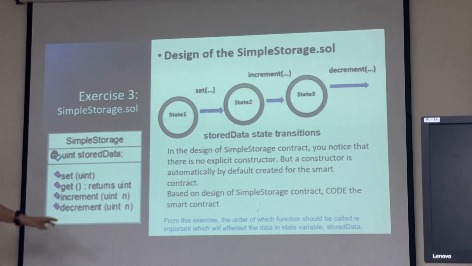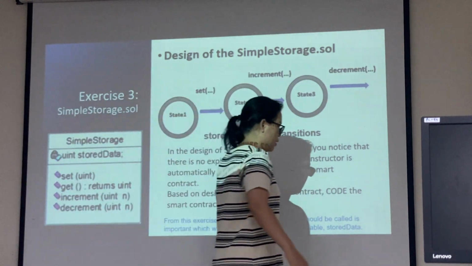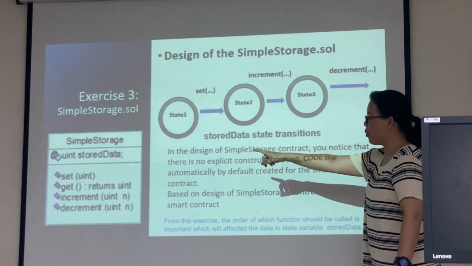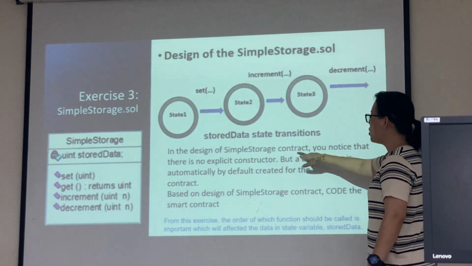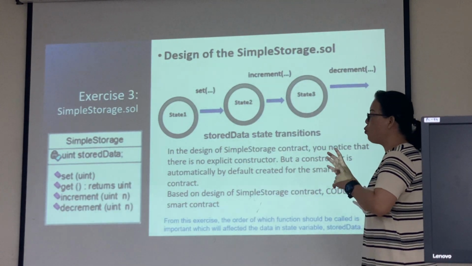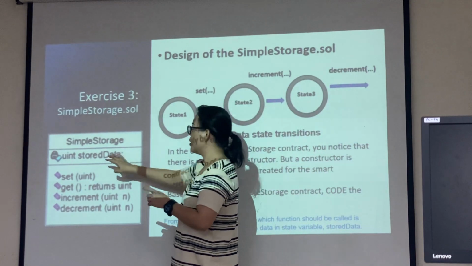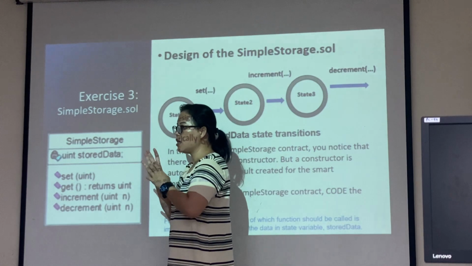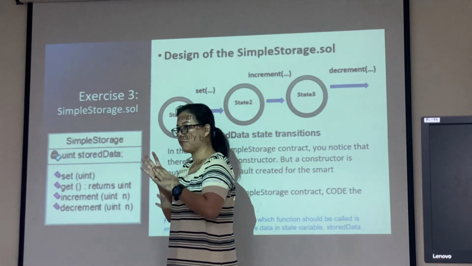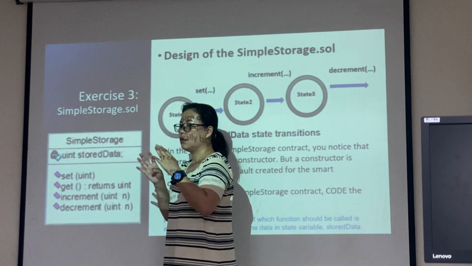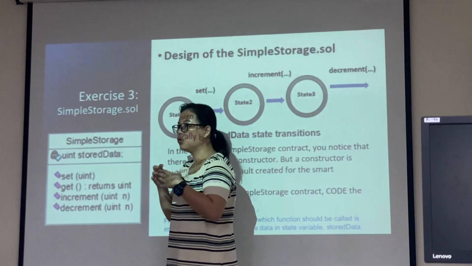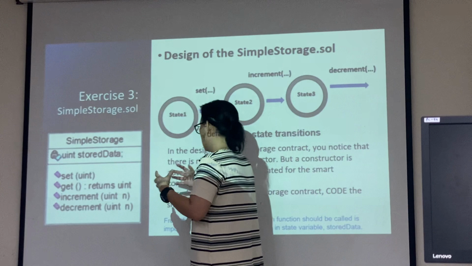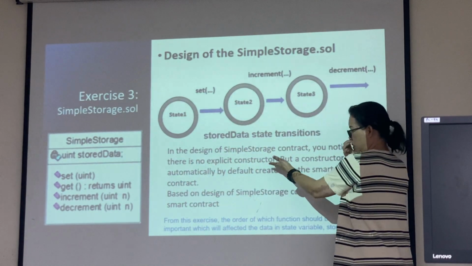Okay, you can see this question over here. The purpose of this question is, first thing, they have more than one function there, but over here they don't say whether your variable that stores data has any initial value or not. So you don't have any default value, do you need to create any constructor or not?